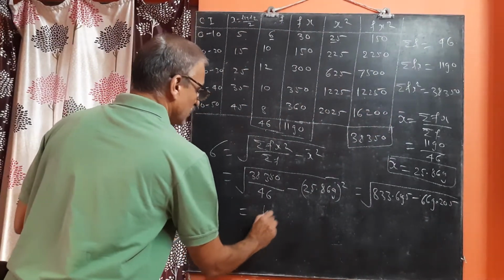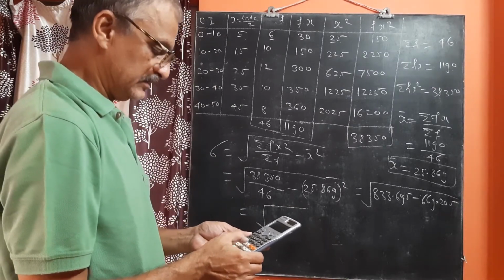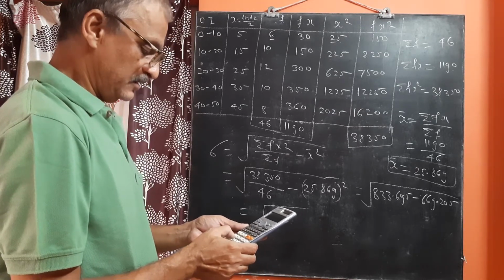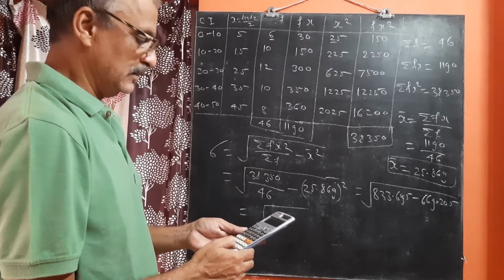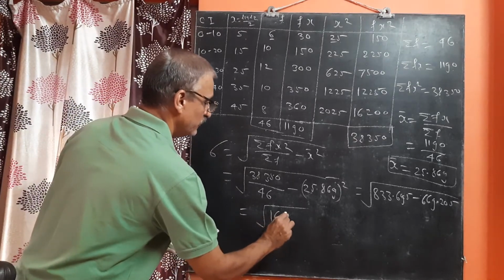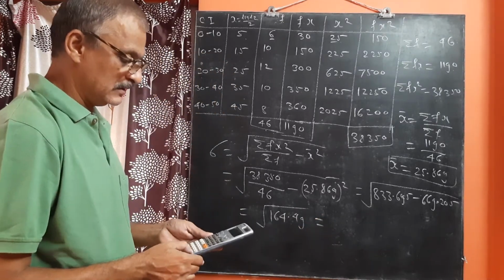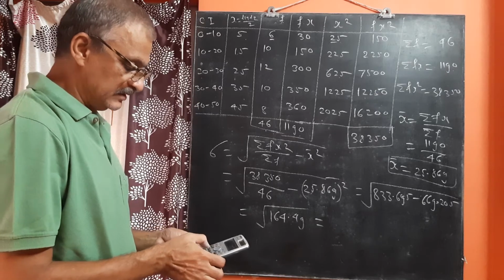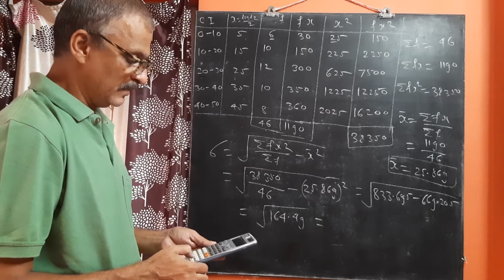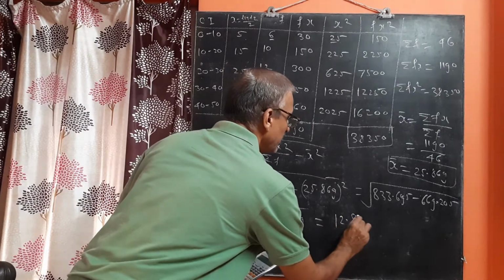Equals square root of 833.695 minus 669.205, 164.49, and its value is square root of 12.825.